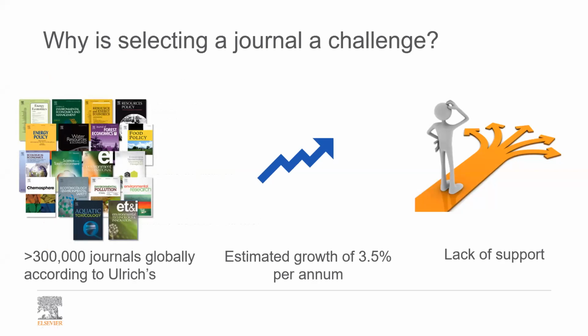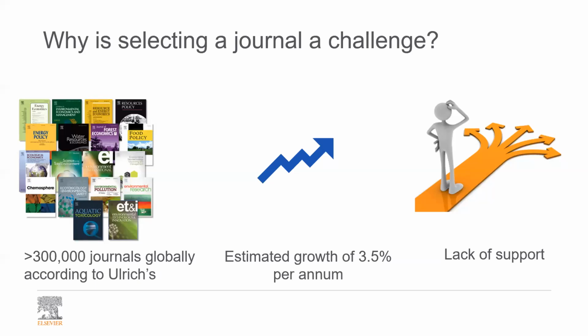To get started on this topic, the question that comes to mind is, why is selecting a journal such a challenge? It is a big challenge for many researchers, especially emerging researchers. The reasons are quite simple, because there are so many journals out there. There are more than 300,000 journals globally, according to Ulrichs, which is a directory of all academic journals. Of these, not all are peer-reviewed.